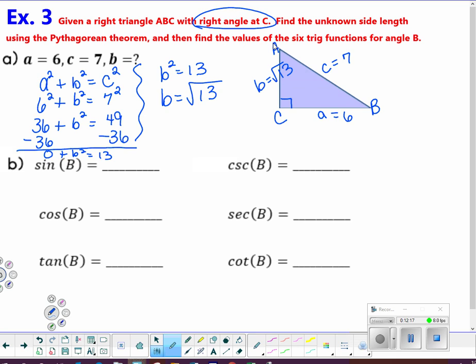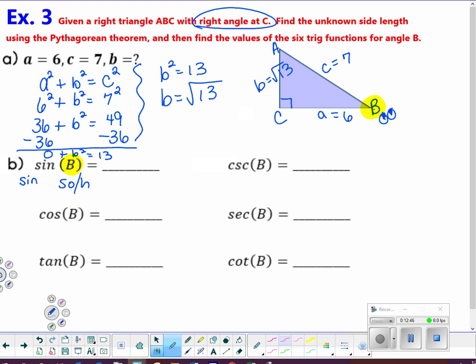Now into the 6 trig functions. So sine, I think of the SO function, opposite over hypotenuse. What is our perspective? Because which side is opposite? Well, that all depends on the perspective that we're taking. So we are positioned at angle B. It's kind of like you're looking from angle B to find those opposite sides.